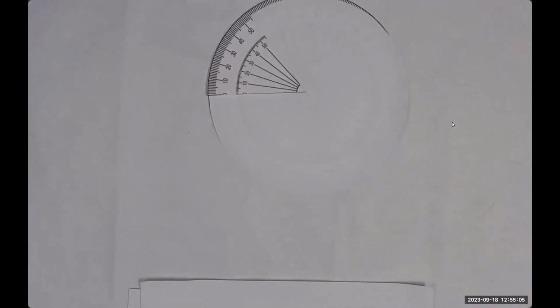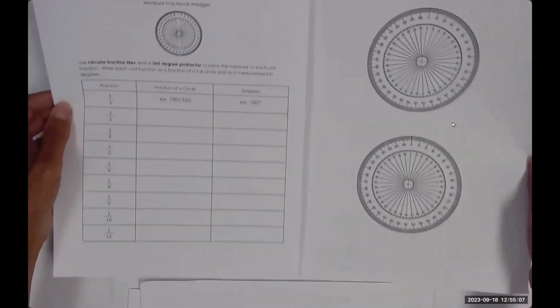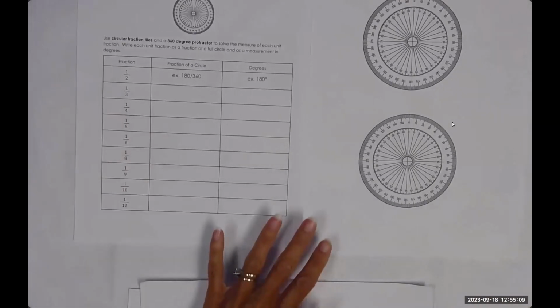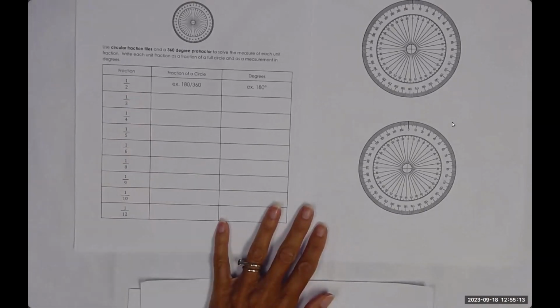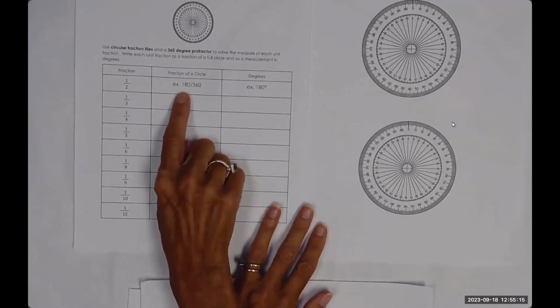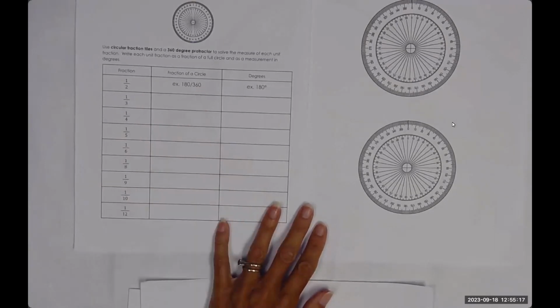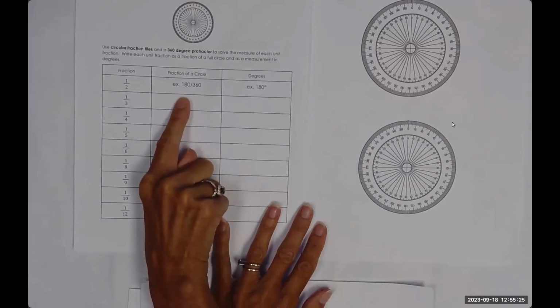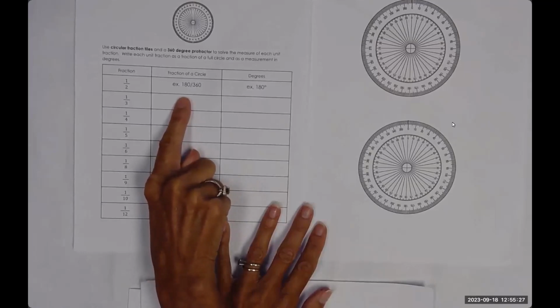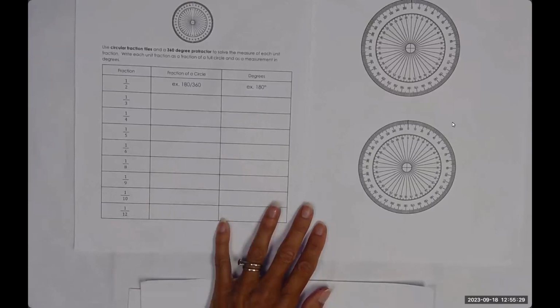There is a task where students, again, can use fraction tiles, and they're figuring out that a half of a circle is 180 360ths of a circle. And in degrees, it would be 180 degrees. So we're learning how to write that measurement as a fraction and as degrees.